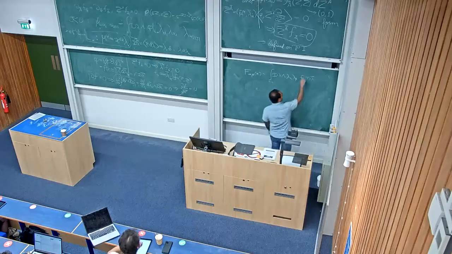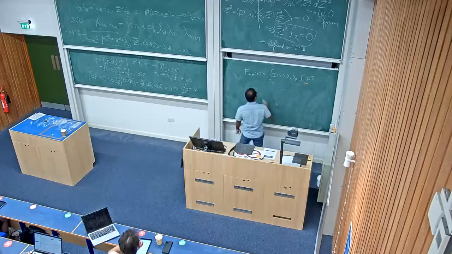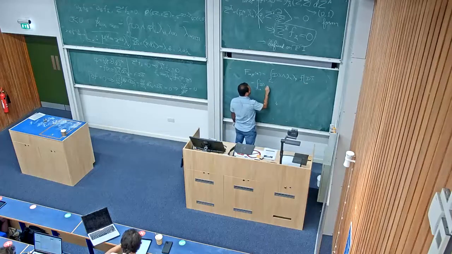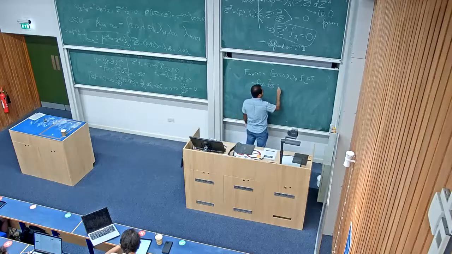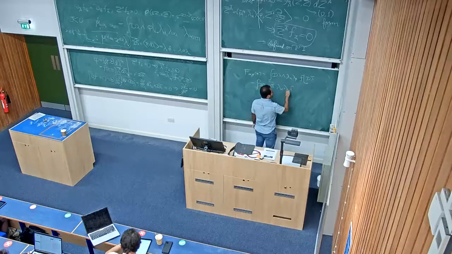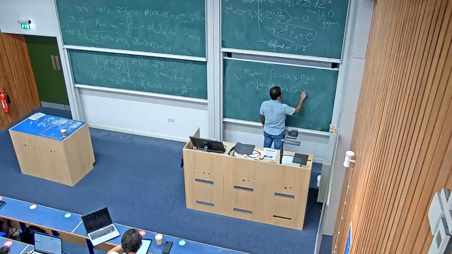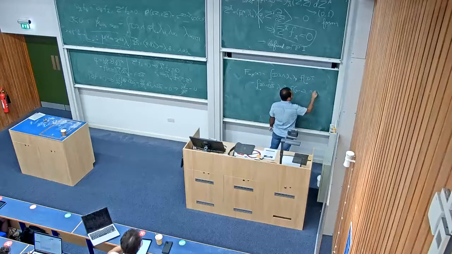Now I restrict to the line. The line is just mu equals x dot lambda. So this becomes f as a function of mu equals x lambda, lambda, and lambda bar.